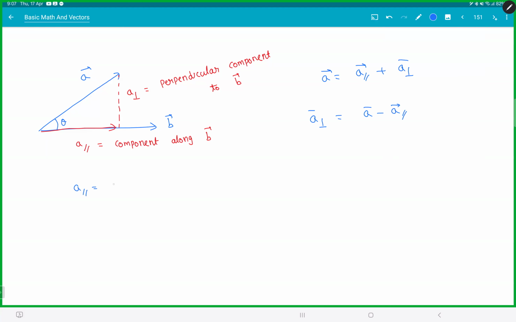We just studied it, which is a cos theta b cap, which is a bar dot b bar by mod b bar, into b cap. So if you substitute here, a perpendicular will be a bar minus a bar dot b bar by mod b bar, into b cap. This is how you get the perpendicular component.